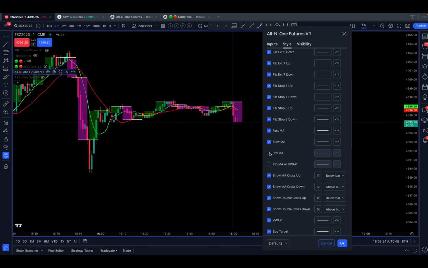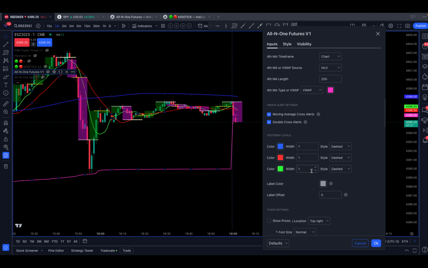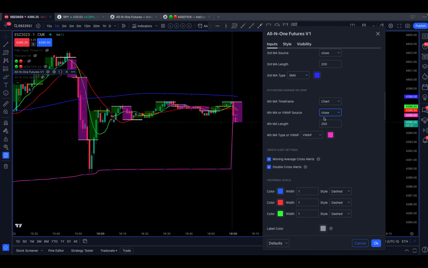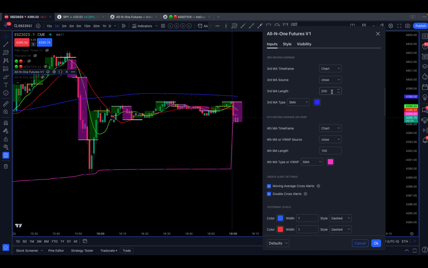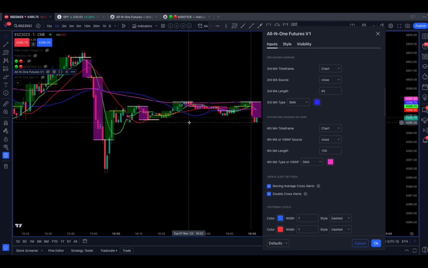If you go here and turn on the third and fourth, change that to MA, change the fourth one to 100, the third one to 45, and that basically gives you the 920 of a 5 minute chart.